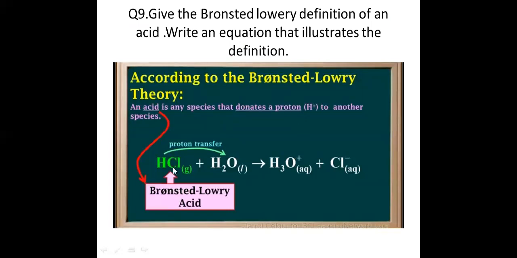In this example, you can see hydrochloric acid, and it is donating a proton to a water molecule. So as HCl is donating a proton, it is a Lowry-Bronsted acid, and water is accepting that proton to form hydronium ion. So water is a Lowry-Bronsted base.